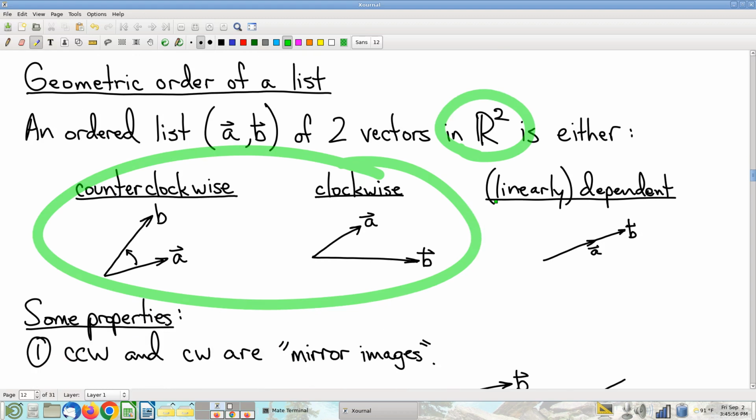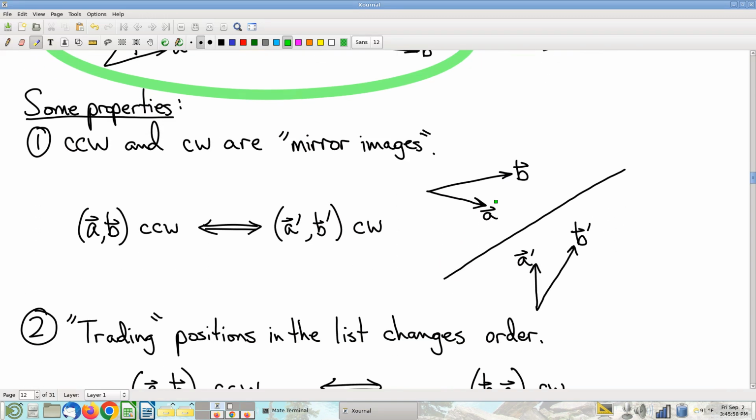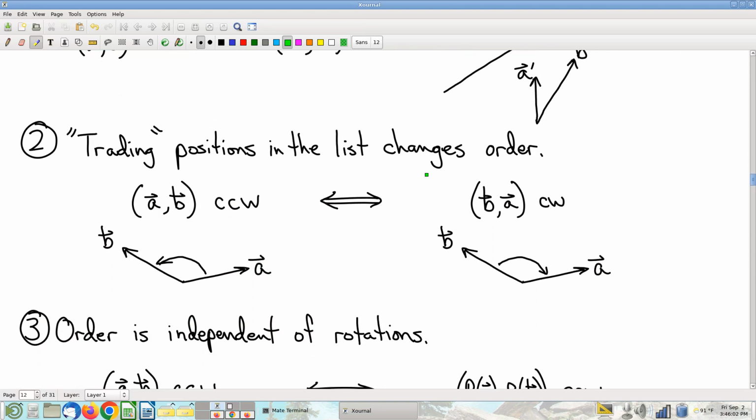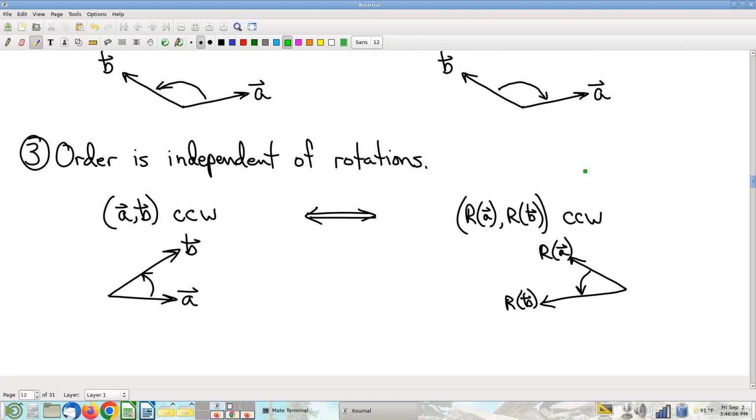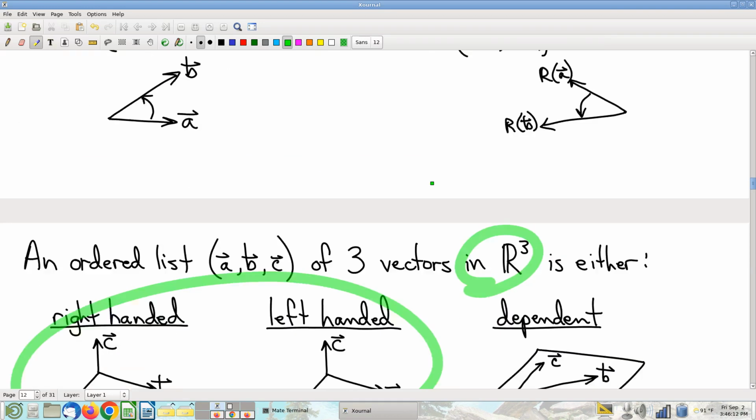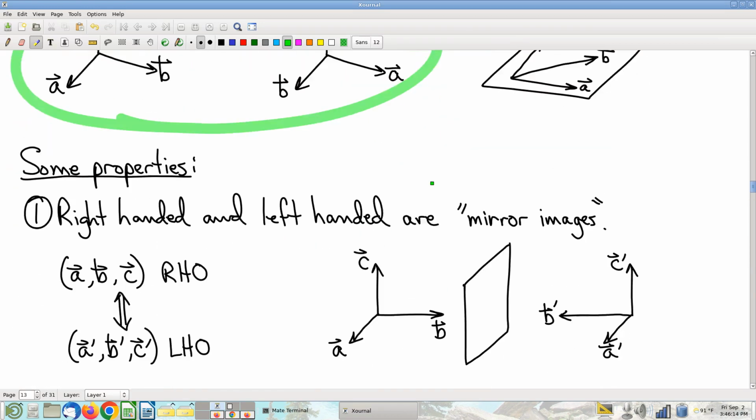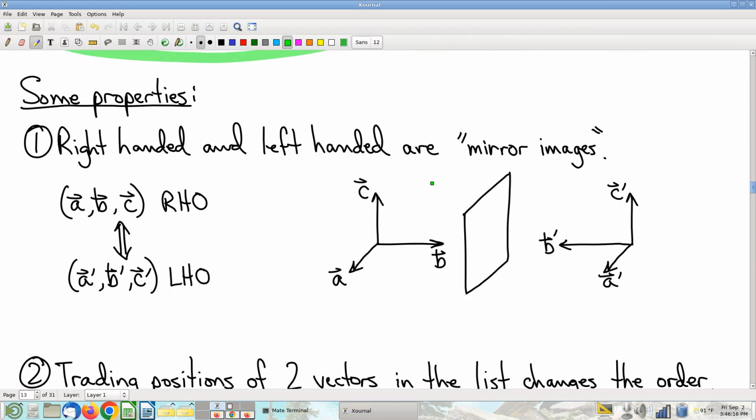Let's remind ourselves, clockwise, counterclockwise are mirror images of each other. If you trade 2 of the vectors, it changes the order. And rotating everything doesn't do anything. Well, check it out. If you're looking at right-handed, left-handed in 3 dimensions, they're mirror images of each other.